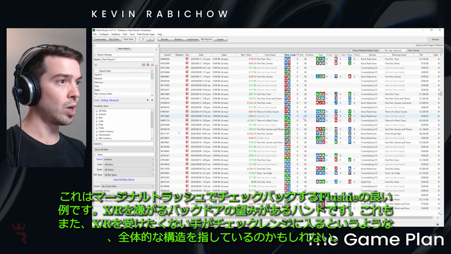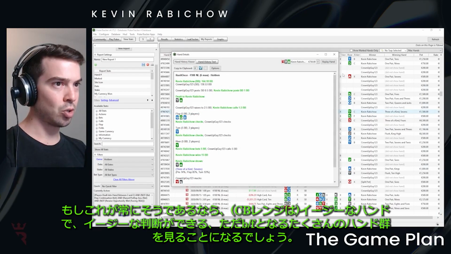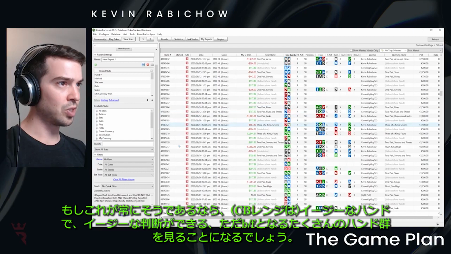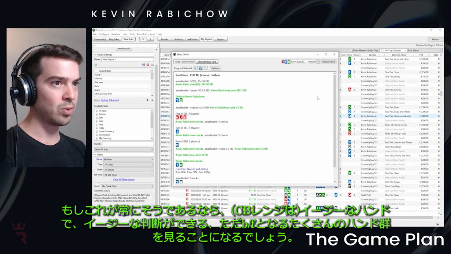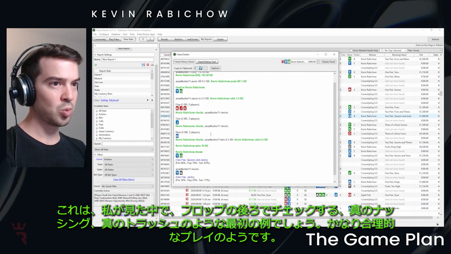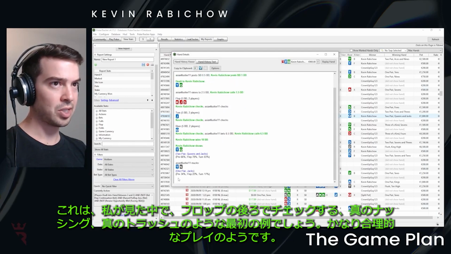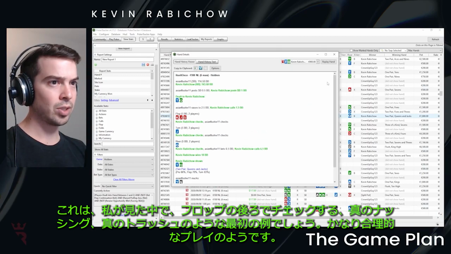Hands that don't want to get check raised going into the checking range. If this is always the case, then we're going to see a lot of easy decisions, just bet folding. Here's probably the first example I see of a true nothing, true garbage checking behind the flop. Seems to be pretty reasonably played.